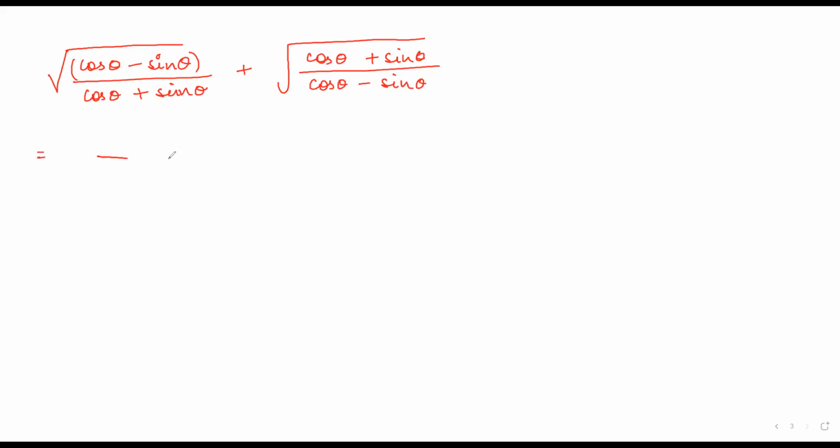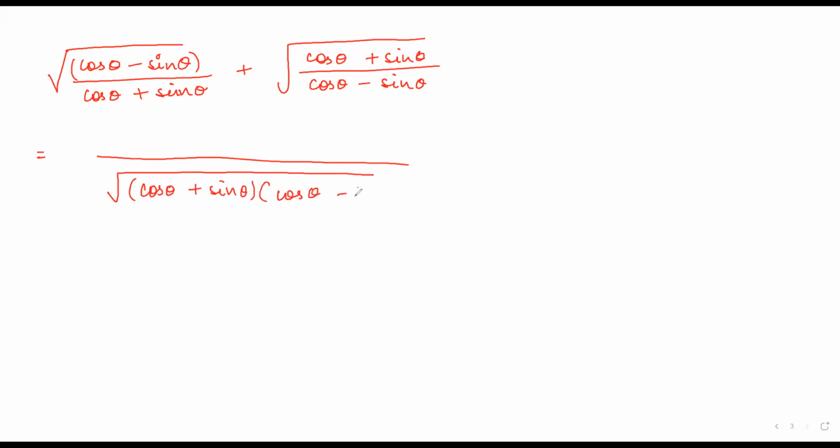So if I take LCM here, in the LCM I'll get square root of cos theta plus sin theta into cos theta minus sin theta, right? Now in the numerator, I actually had under root cos theta minus sin theta. I already had. Now what will I get, Harsha? Under root cos theta minus sin theta, right? Yeah, I did it right. So under root will be gone and only cos theta minus sin theta will be left.